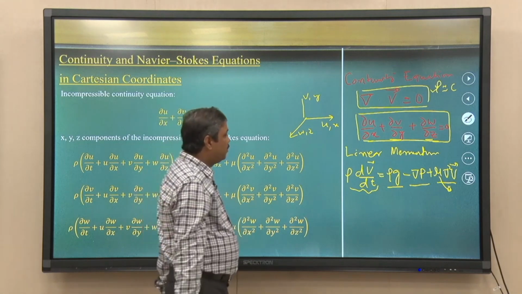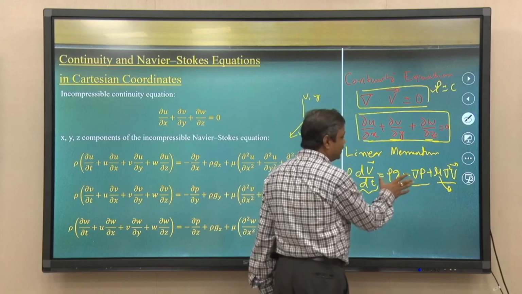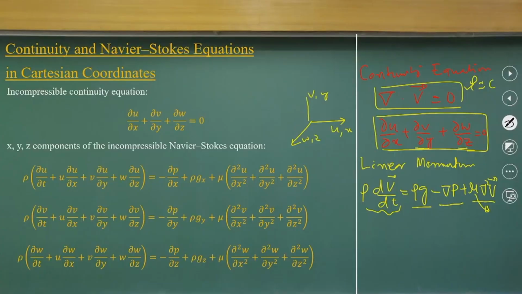If you look at it that way, we have certain assumptions here. The first is Newtonian fluid, one of the assumptions we have considered. We have considered the isothermal case, where mu is a constant. We have considered incompressible flow, where rho is a constant.